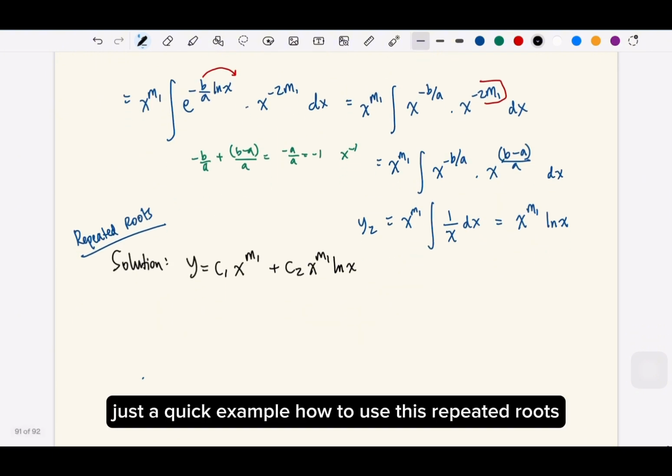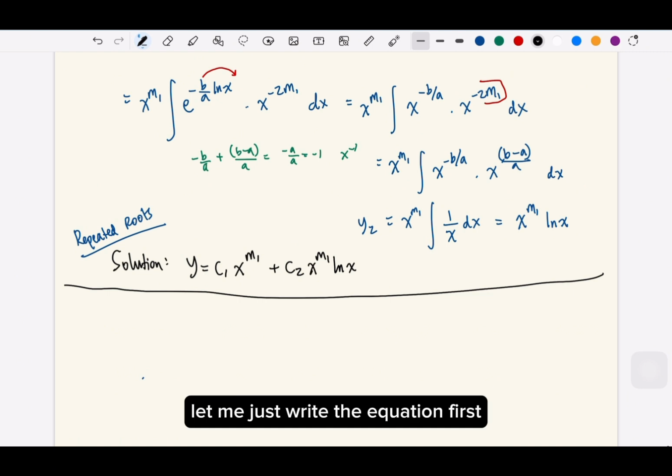Just a quick example of how to use these repeated roots. Let me just write the equation first.